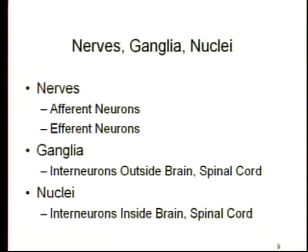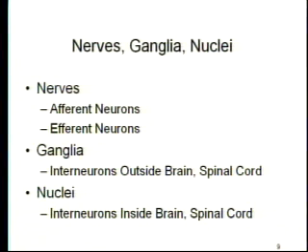Now, that's the minimum functioning unit in the nervous system. In fact, we have larger units that are really more important, that are composed of various kinds of neurons. We have first, in the peripheral nervous system, tissues known as nerves, which come in two kinds, afferent nerves and efferent nerves, because they're composed of afferent neurons, sensory neurons, and efferent neurons, motor neurons.